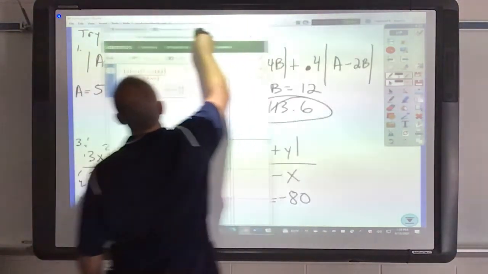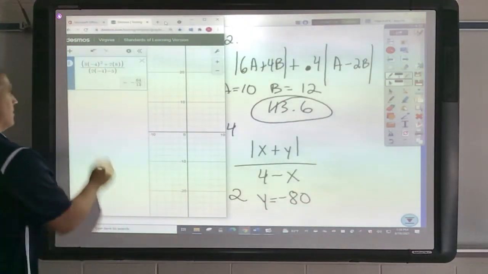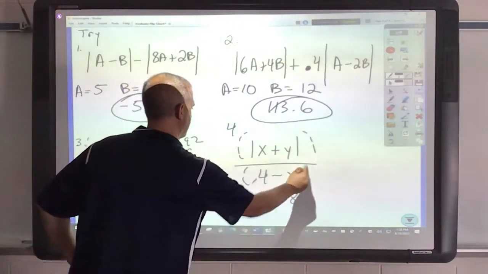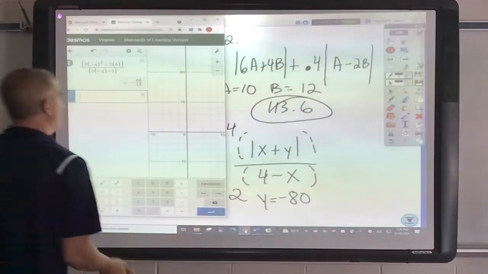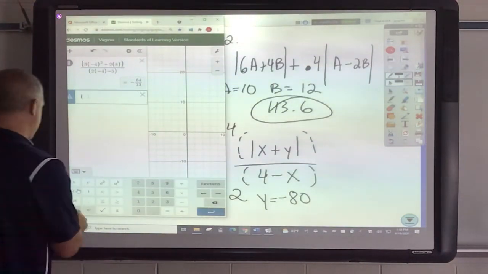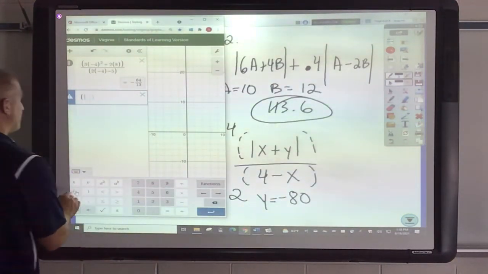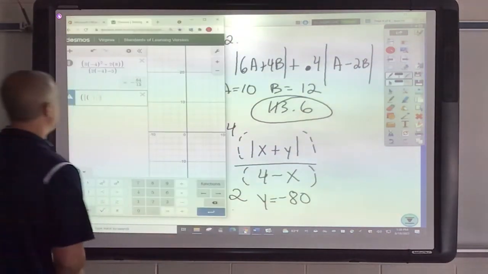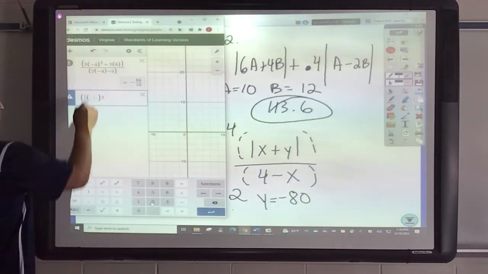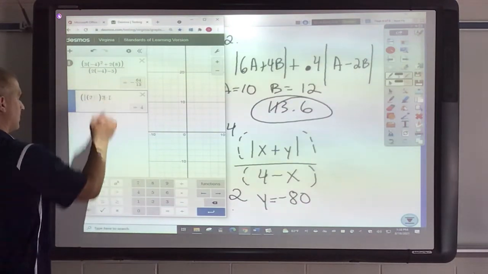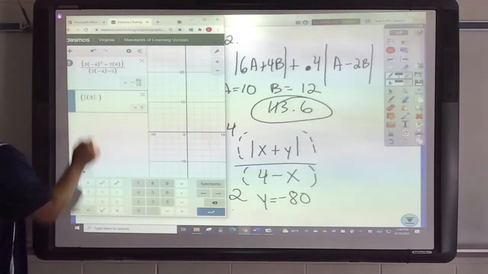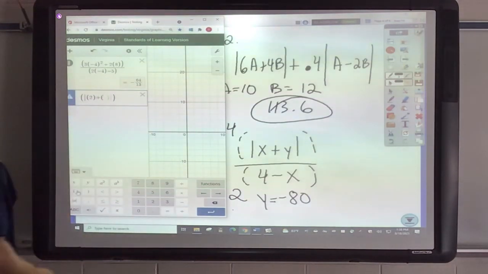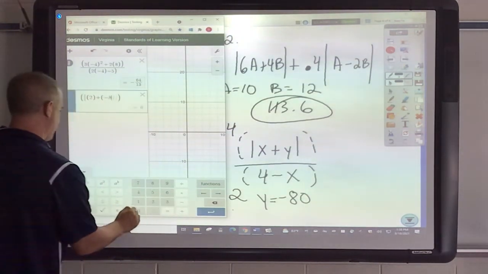Let's go on to this next question. I gotta put parentheses here, here, here, and here. So I got parentheses, absolute value, parentheses where x is, which is 2. 2 for x. Plus parentheses where it's y, which is -80.